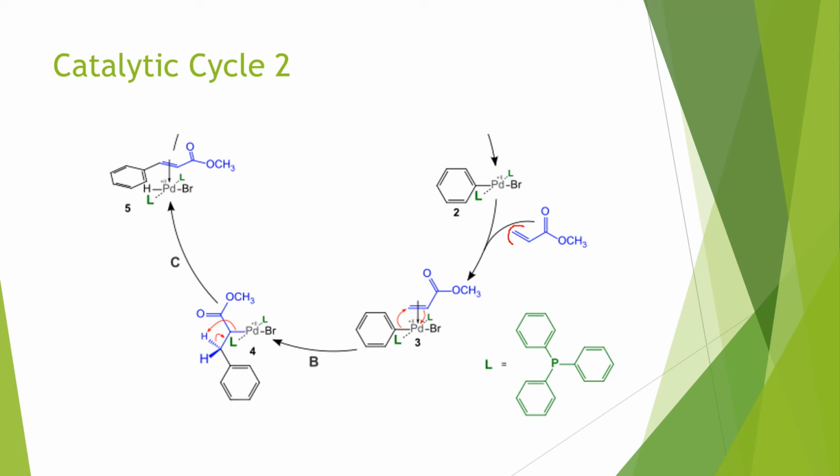The double bond, the pi electrons, are going to come closer to the palladium. This will lead to a rearrangement, in that this group here is going to bond to that carbon there, with the ligands being untouched.